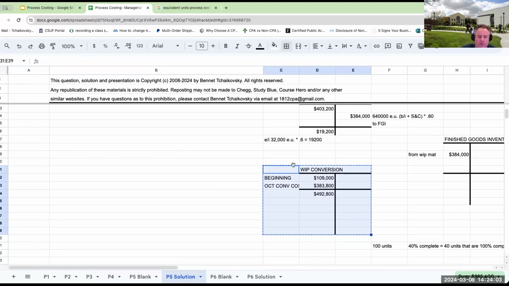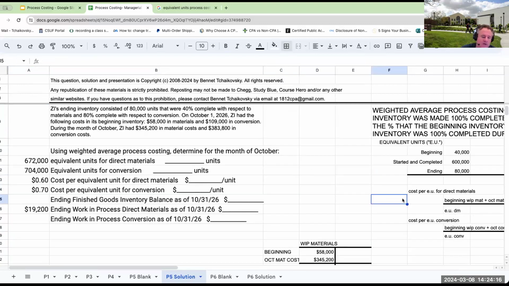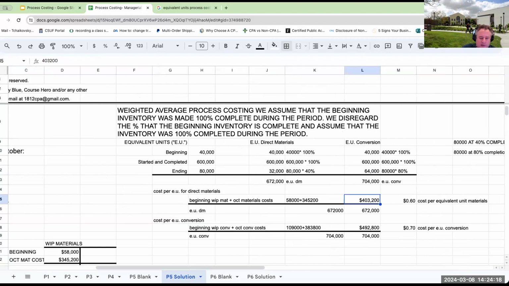Now, for conversion, let's have some fun. Let's go through and have a good time. We're going to do that by approaching this question a little bit differently. So, for example, if I use this same process, my ending inventory for equivalent units of conversion was 64,000.